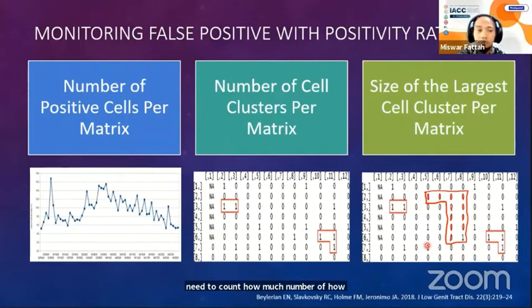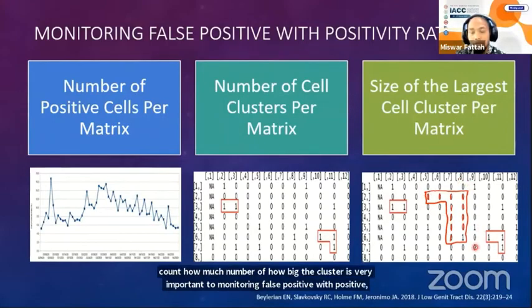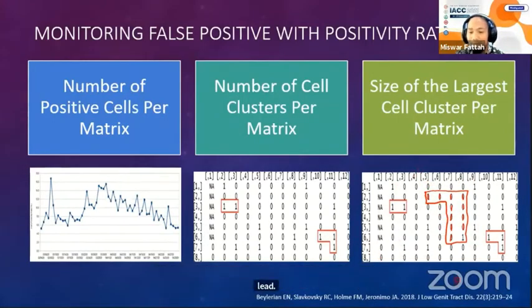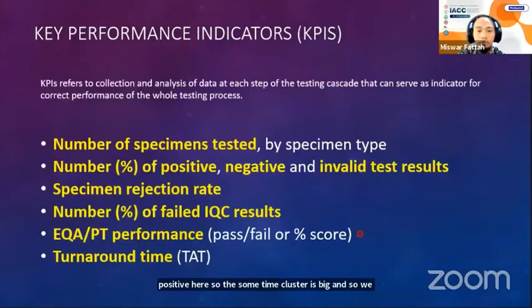It's very important to monitor false positives with the positivity rate, especially in the current Indonesian phase, because this is a very high case load, with a positivity rate around 30 to 40% in the lab. We need to monitor this because mostly the clusters are larger. Because 40% of patients will be positive here, sometimes the cluster is bigger. So we need to define the cluster size depending on the prevalence of positivity in our lab.